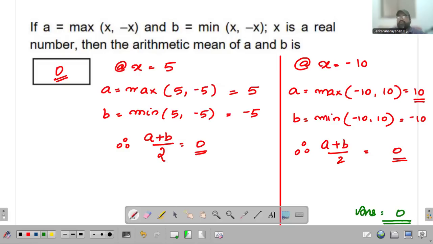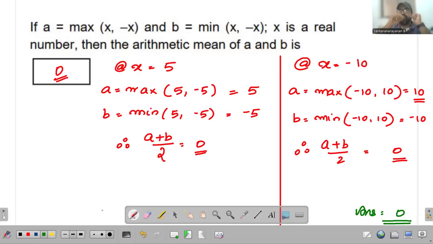With this, we have reached the end of this discussion. We have completed the topic of statistics. Like I said in the beginning, we have learned two aspects here. The first was the measures of central tendency, and then we considered the concepts related to measures of dispersion.